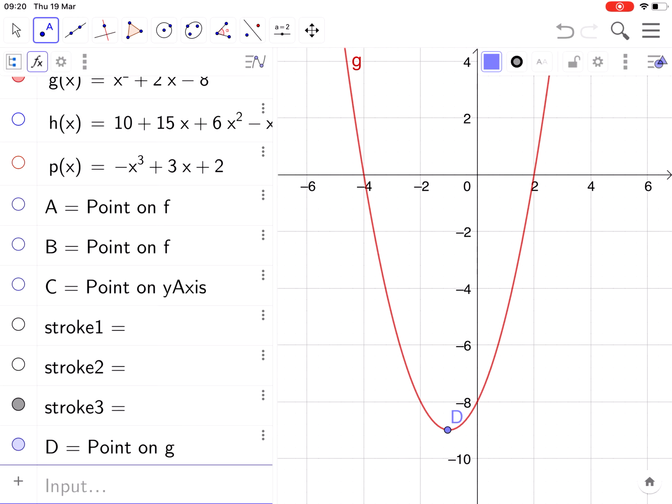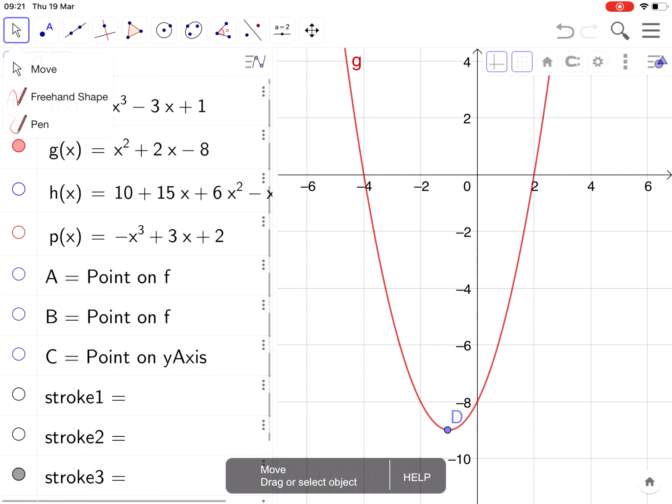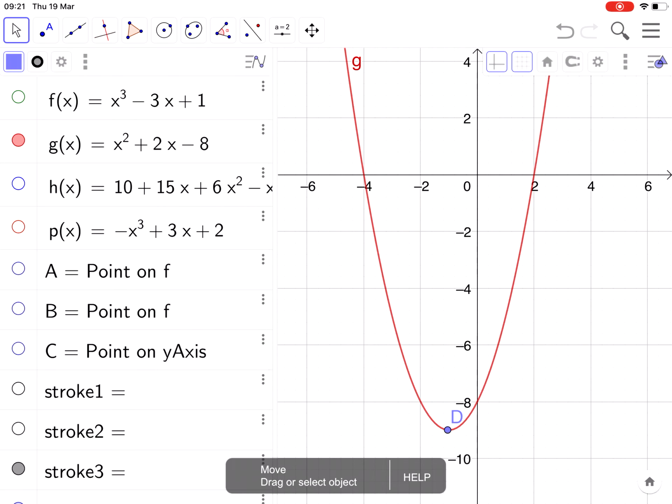So, two things. If you're not able to use GeoGebra like you would do in an exam, there's a different way of figuring this out. We can see in what's given to us there, g of x, or the red one that represents question 2, x squared plus 2x minus 8. You know that it's a quadratic function, and you can see that the x squared is positive in this instance.